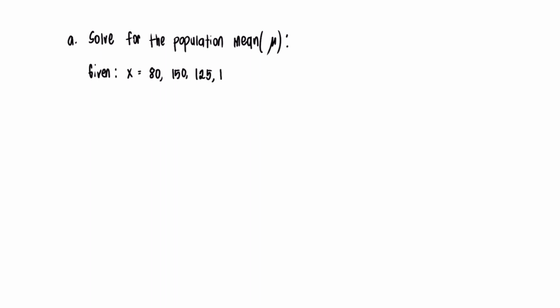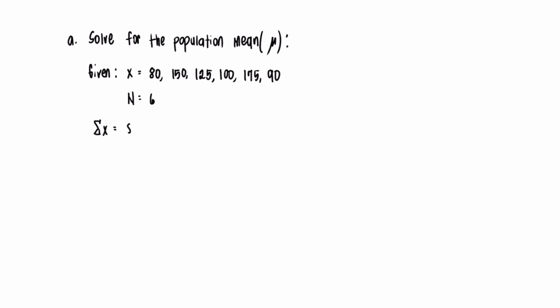To answer the first question, we have to solve first the population mean. Note that the given values of x are 80, 150, 125, 100, 175, and 90, which represent the data consumptions of the students. Next, the total number of students, n, is equal to 6. To easily solve the population mean, let's find first the summation of x.